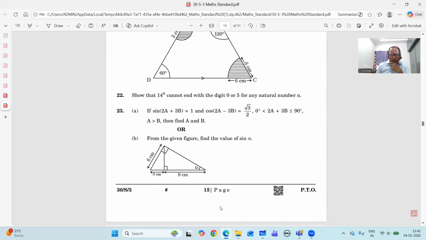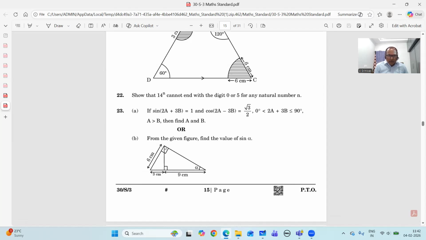Okay, let's go to the next question, 23b. From the given figure, find the value of sine alpha. This is a triangle and this is a right angle, and from this vertex a perpendicular projection is done, and this line segment is making an angle of 90 degrees with the base.